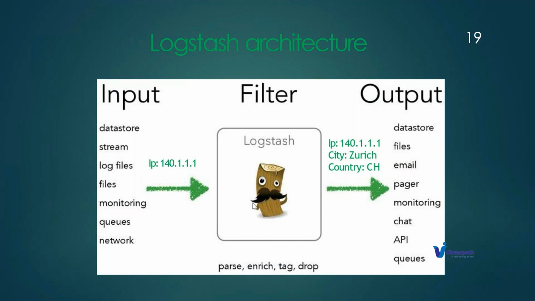And output is where you want to store the data. Instead of storing the output in Elasticsearch, you can output the data in various other formats also. Logstash is not defined only for Elasticsearch, it can be used with various other tools as well.